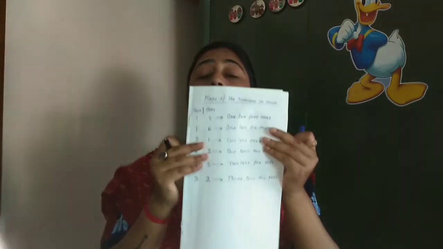Also 1 to 9 are single digit numbers, and you can write them too. First make the two columns, ones and tens, and after this put the numbers in their particular columns.